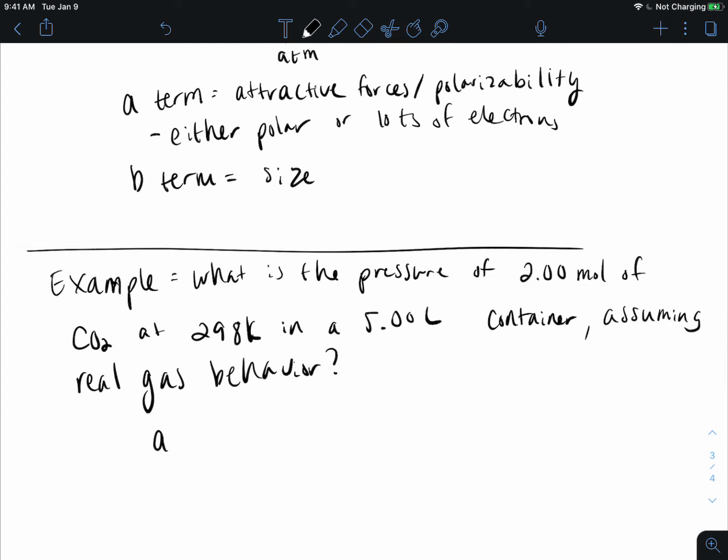So our a term for carbon dioxide is 3.52 liters squared times atmospheres over moles squared. And then our b term is 0.0427 liters over moles. Okay, and now it's just a question of plugging and chugging.